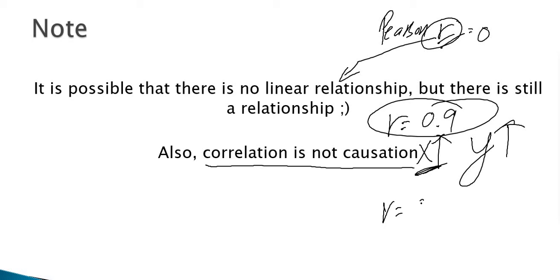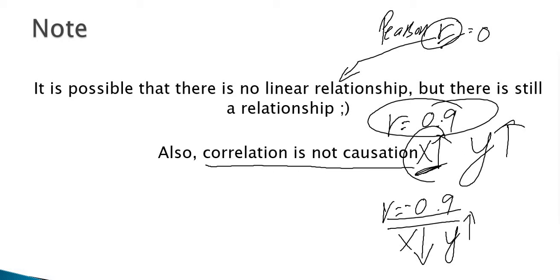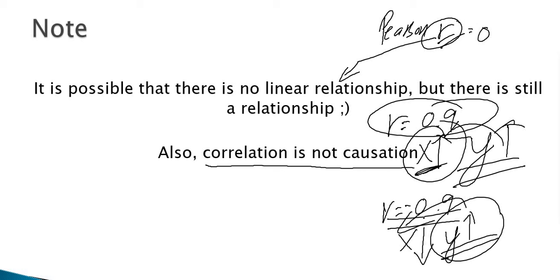Or if R is equal to negative 0.9, this is saying that the strength in which as X decreases, Y increases is just very strong. But it does not say that the cause of Y is X. That X causes Y is the thing that we look into more in regression and not just correlation.